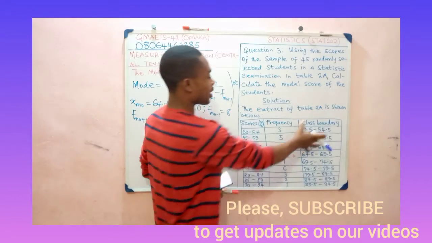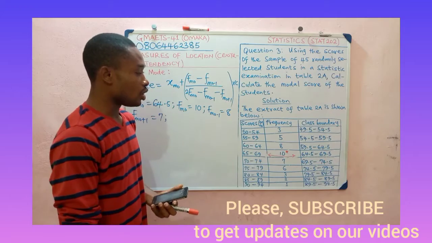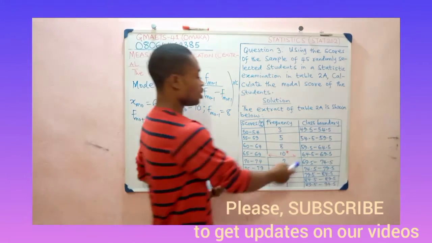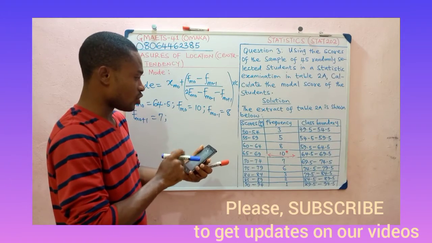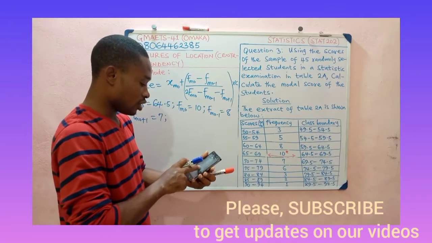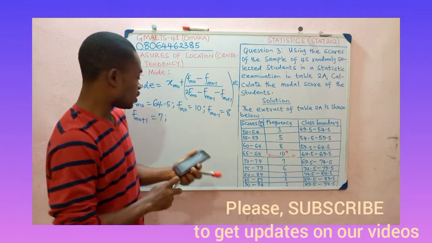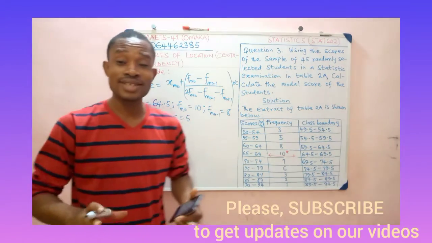So we're going to go to the class boundary, do any upper class boundary minus the lower class boundary, okay? You can do any one of them, but let me just use that of the modal class. You still obtain the same result anyway. So it's going to be 69.5 minus 64.5. It's giving me 5, so our C is equal to 5. We are as good as done.